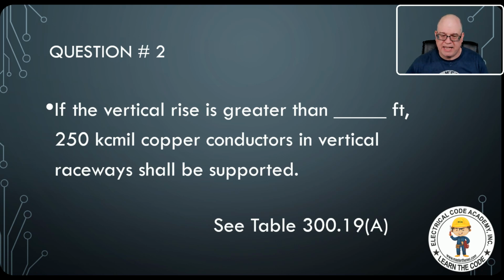Now, don't get that confused with a cable assembly, MC, that's run vertically. We'll talk about that. I'll give you a little tip at the end of this question. But we're talking about internal support of conductors, okay? They are going to be pulling down on this installation. All right, so let's go to the NEC.